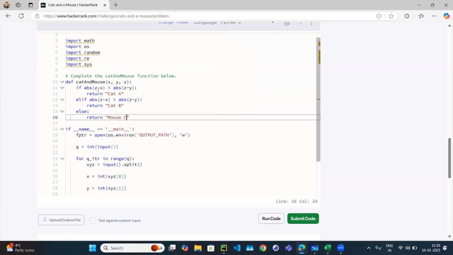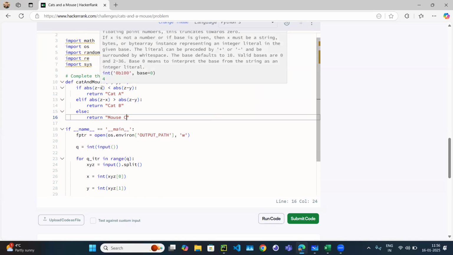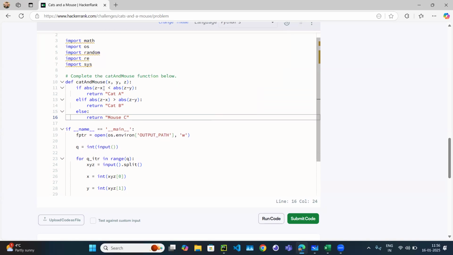If z minus x, the cat A distance, is smaller, then we return cat A because cat A will reach earlier. If cat B is nearer, we return cat B. If nothing is like that, it means both distances are the same.